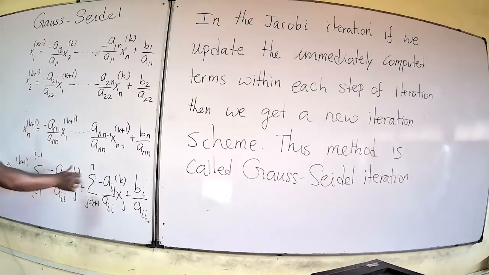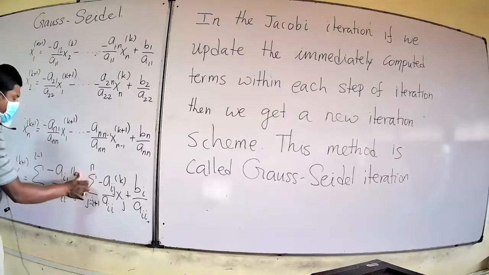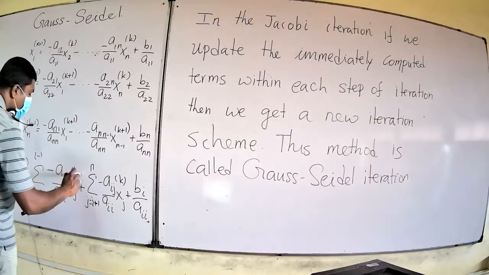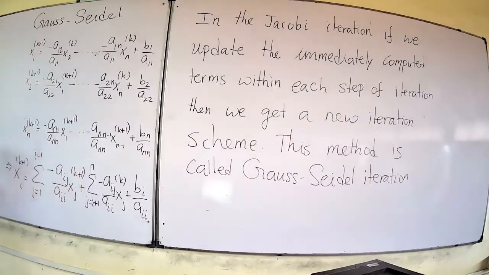So here you can see that with j running from 1 up to i minus 1, you can update the terms. That is the difference between Jacobi and Gauss-Seidel.